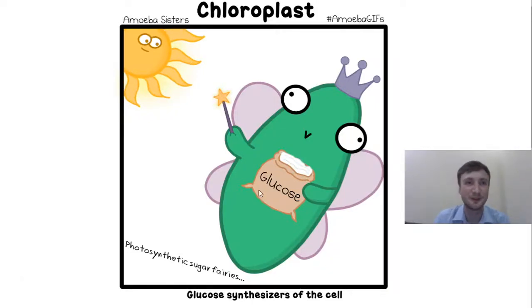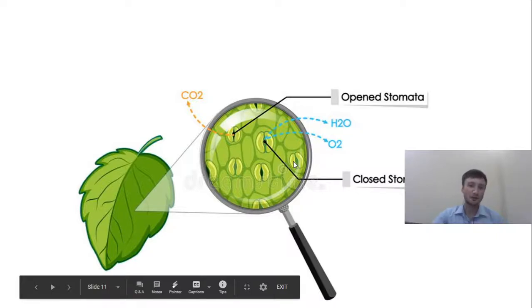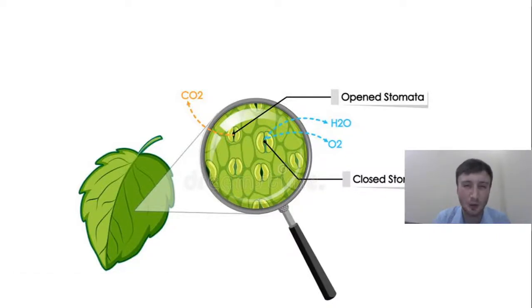Wonderful. Okay. So, here we're going to look carefully. There's these other things in the leaf. These little holes. See here? Little hole things. These are called stomata. Stomata. So what the stomata do is they let gases in and out. They let out carbon dioxide and oxygen and water vapor.